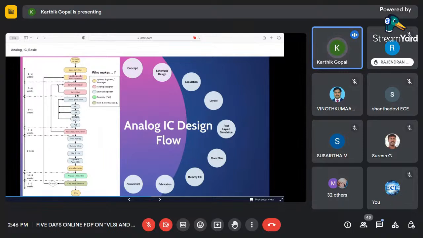So these many engineers are required for analog design: system engineer, analog engineer, layout, fab, foundry guys, and the test and validation verification engineer. This simulation takes 3 to 6 weeks, depending on the complexity of the design.